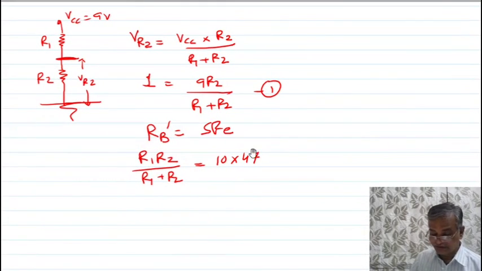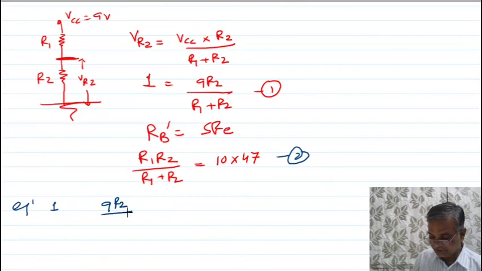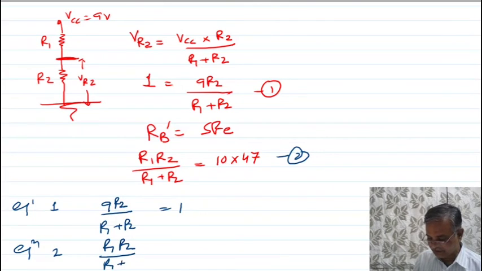So you have two equations. Equation 1, 9R2 upon R1 plus R2 is equal to 1. Equation 2, R1R2 upon R1 plus R2 is equal to S into RE.